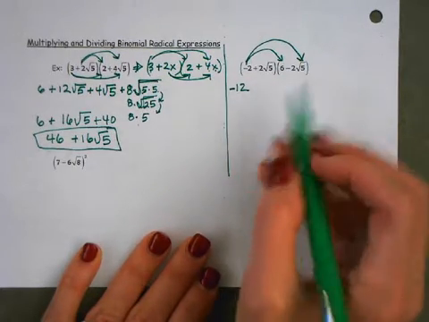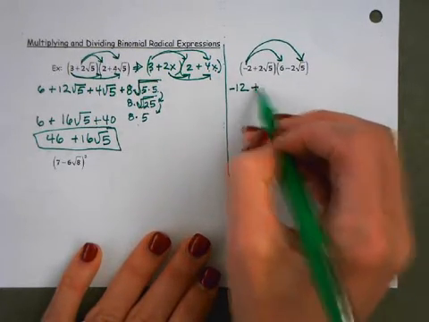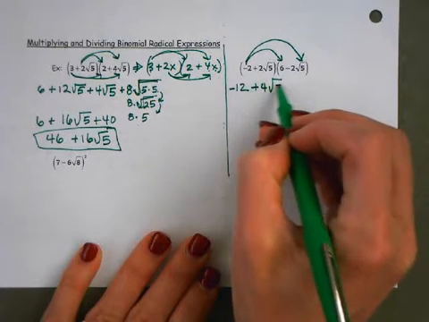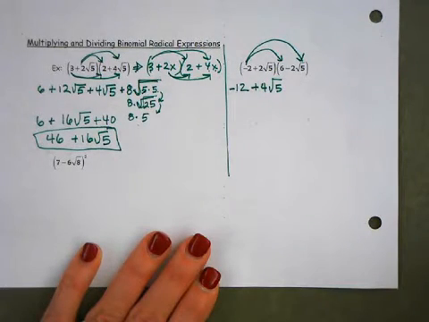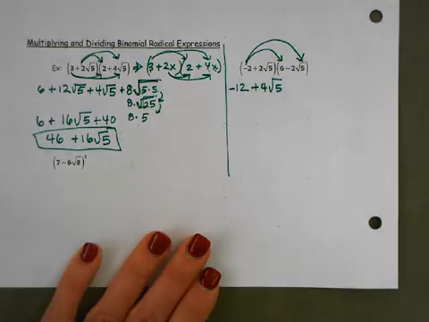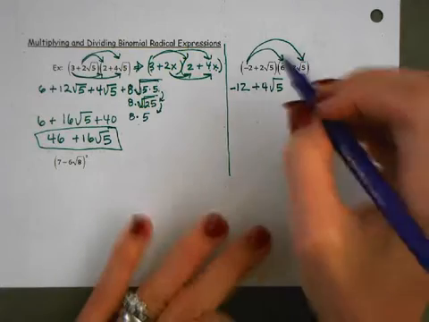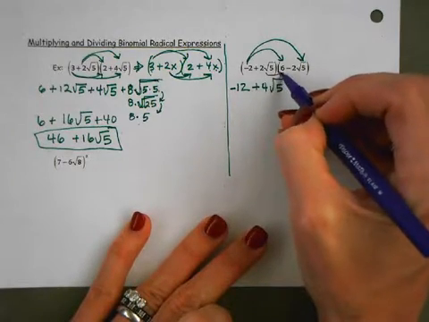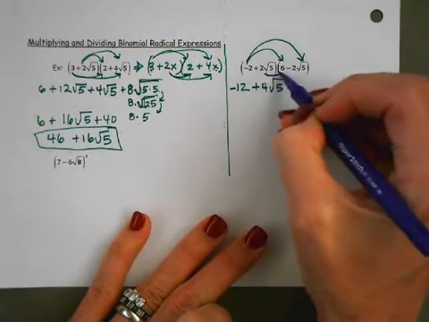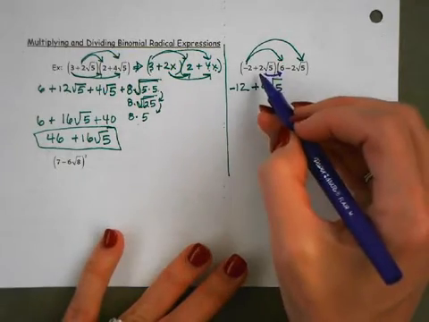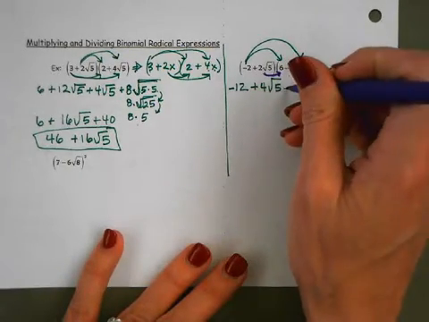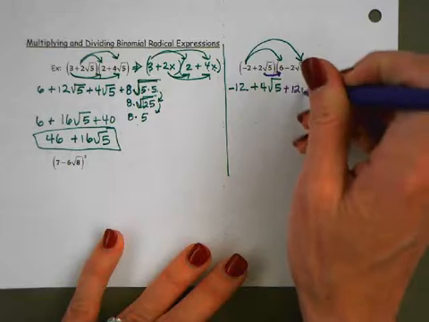So what does that become? A positive 4 square root of 5. Okay? Then I'm going to take the 2 square roots of 5 and I'm going to multiply it by the 6 here. So I have 2 square roots of 5 times 6. That becomes a positive 12 square roots of 5.